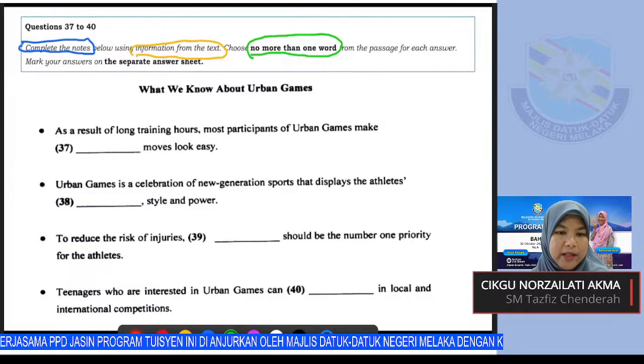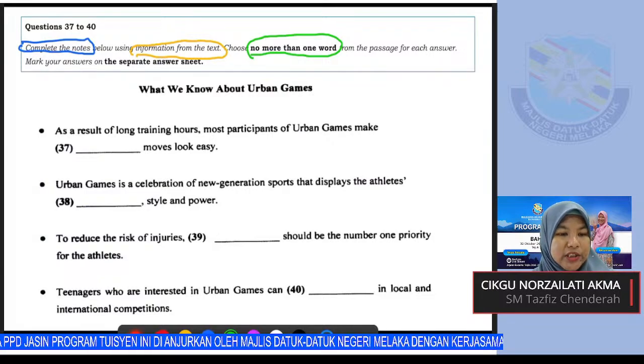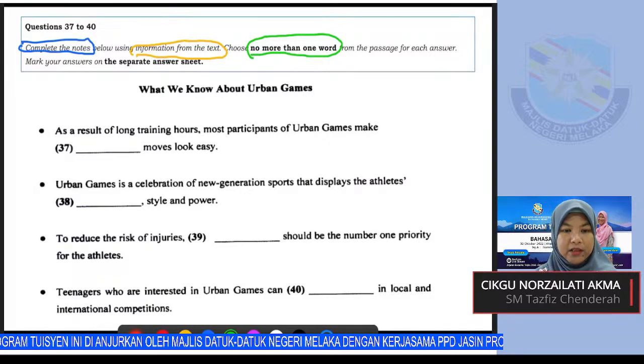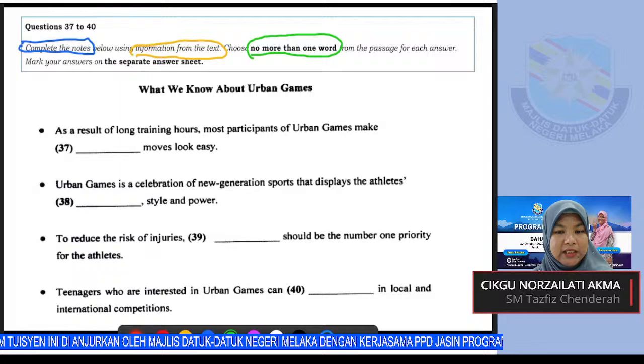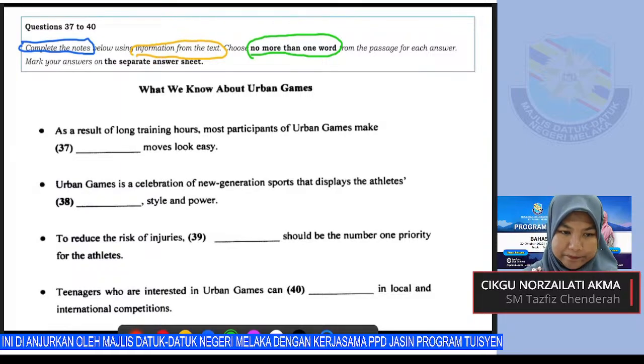Here you need to do some summarization of ideas. Question 37, let's read the question together first. As a result of long training, most participants of urban games make moves look easy.